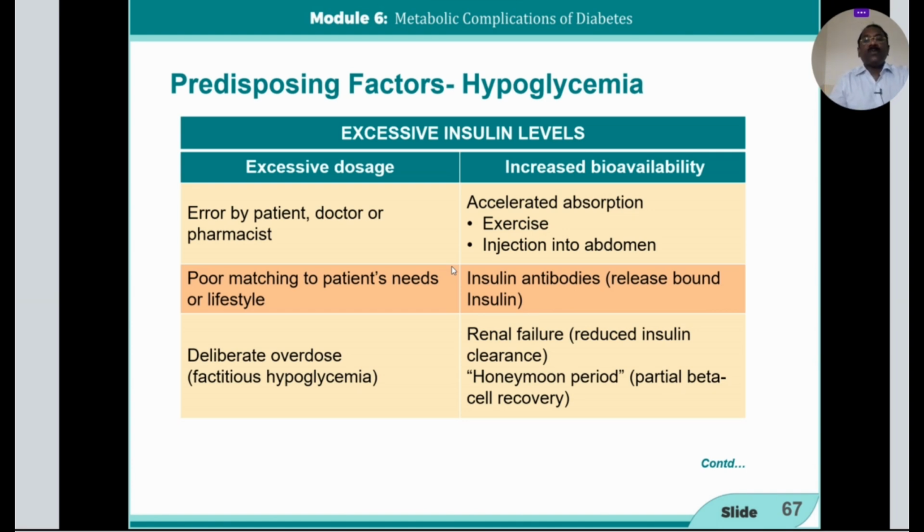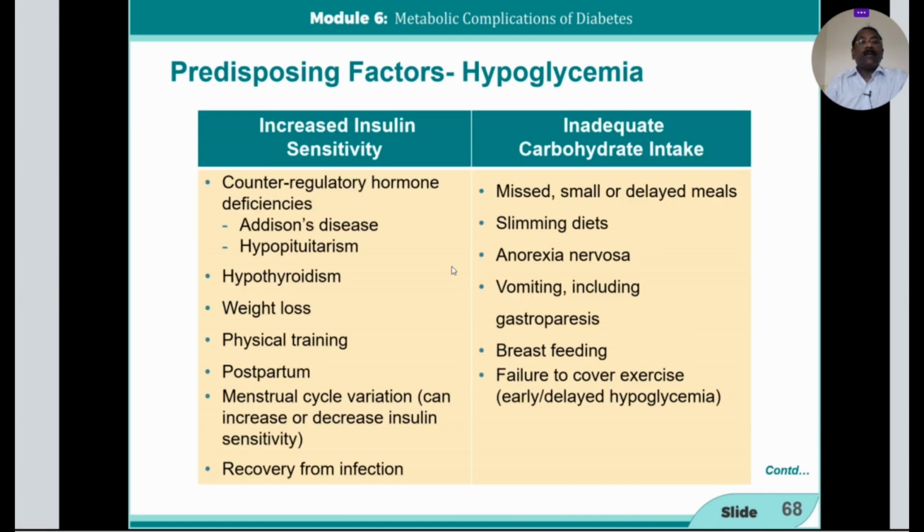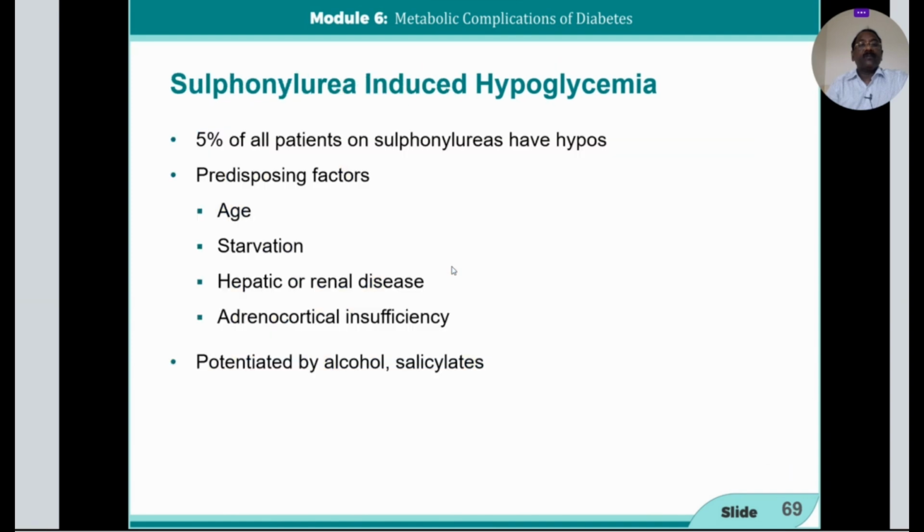The predisposing factors: excessive insulin levels, excessive doses, or increased bioavailability; increased insulin sensitivity; inadequate carbohydrate intake. Sulfonylurea-induced hypoglycemia: 5% of all patients on sulfonylureas have hypos.